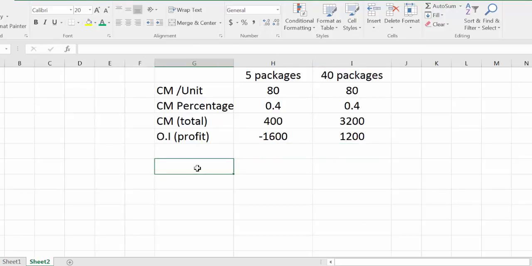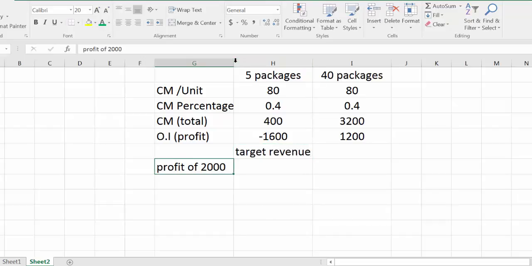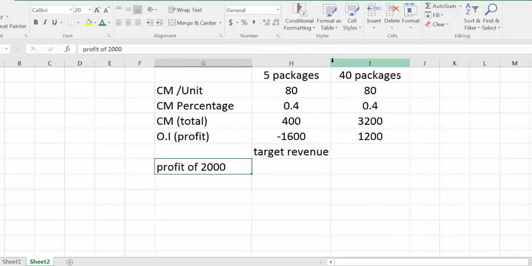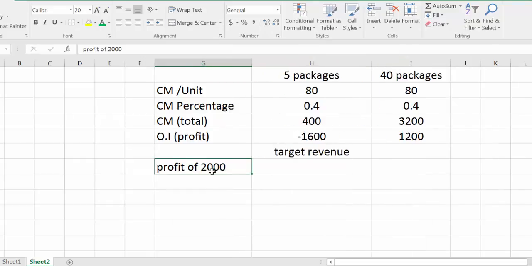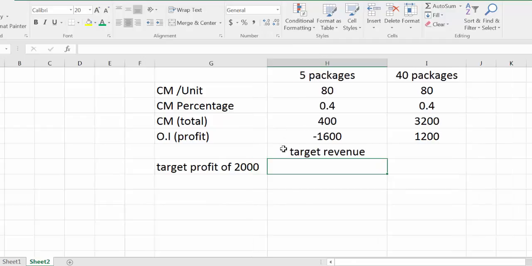So for this one, let's look at a profit of 2,000, and I'm going to find the target revenue. This is a target profit. Let me make this a little bit wider so that it's easy for everyone to see. I'm going to put the target profit, and the target revenue must equal the following.